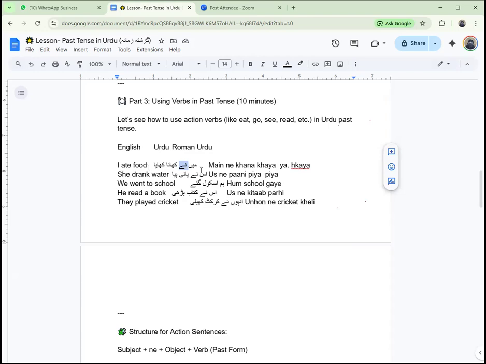I ate food. मैंने खाना खाया. The explanation of ne is that it indicates the doer. The doer is मैं here. मैंने खाना खाया. मैं खाना खाया is wrong. You have to translate this as I ate food. मैंने खाना खाया. You have to put ne here for past tense.